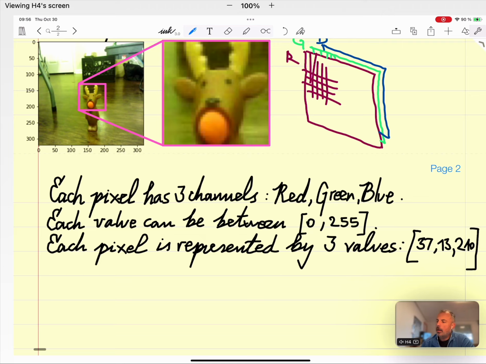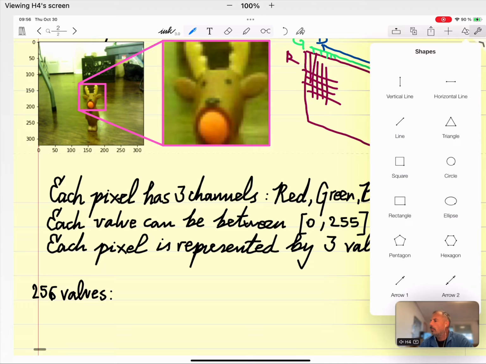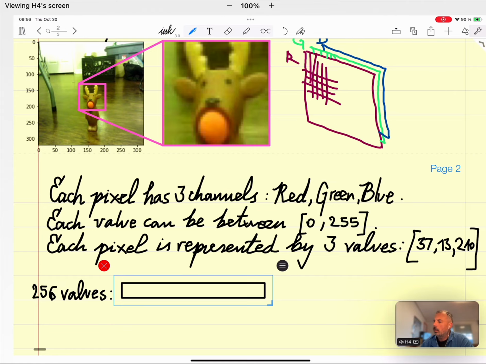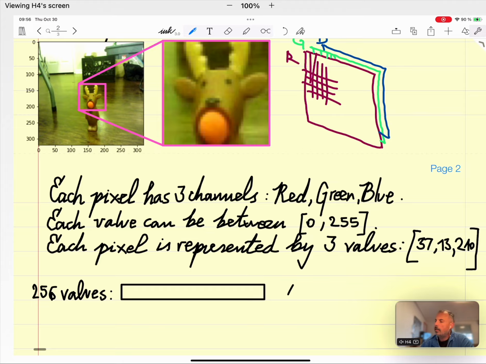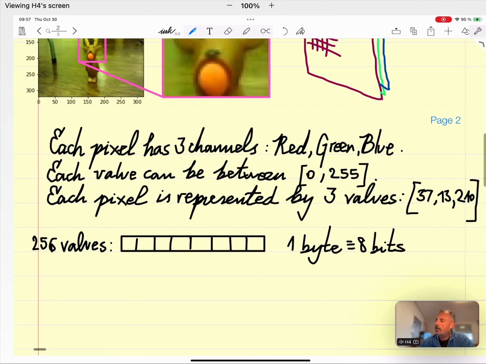The reason why we have 256 values is because of the structure of the data. 1 byte has 8 so-called bits, and each bit can be either 0 or 1.